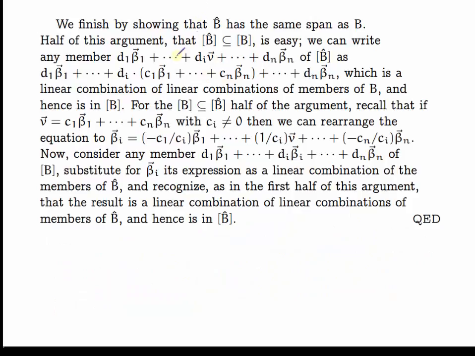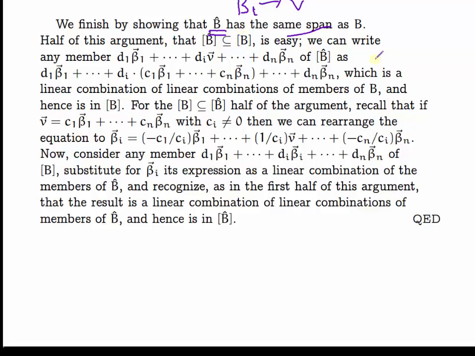Now we finish the argument by showing that this new set of vectors, with b_i replaced with v, has the same span as the original B that includes b_i. Half of this argument, that B hat is contained in B, is easy.